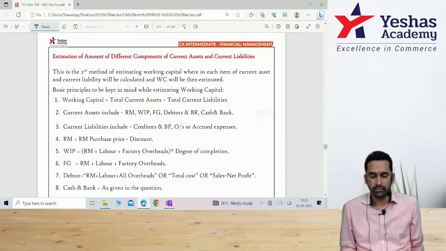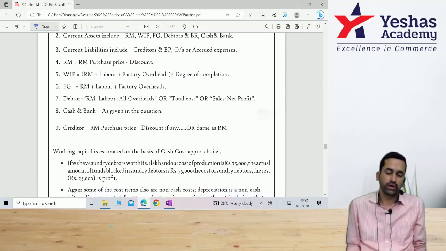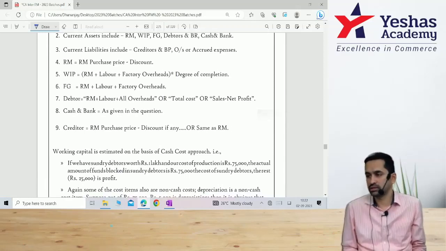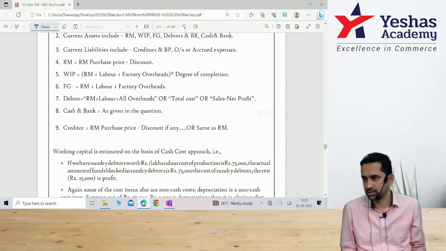Next, FG is the same, there is no degree of completion, understood. Debtor is RM plus labor plus all overheads, or in simple terms it is total cost, or sales minus net profit. Yesterday when we worked out receivable management problems, there also we used to take variable cost plus fixed cost. Basically debtor was valued at total cost. Here also we do it on total cost basis.